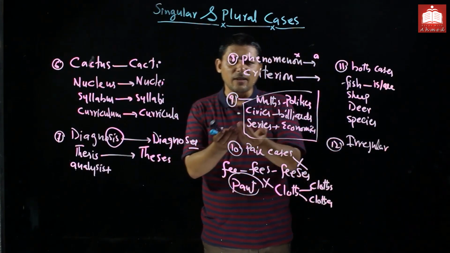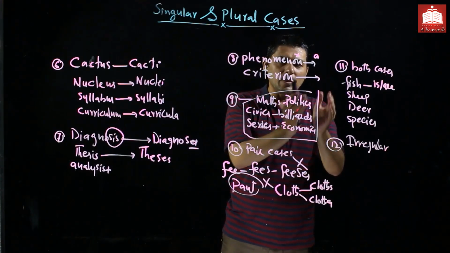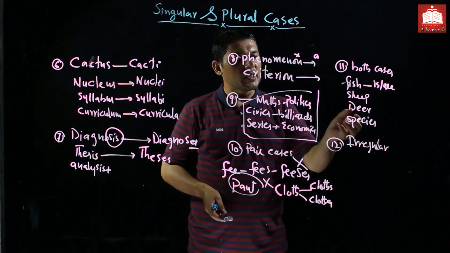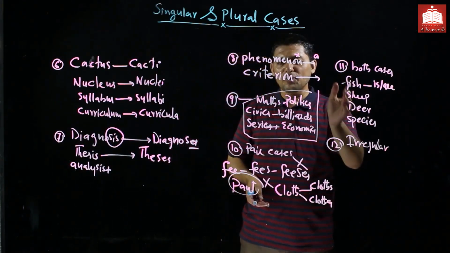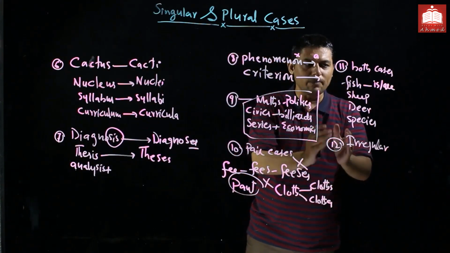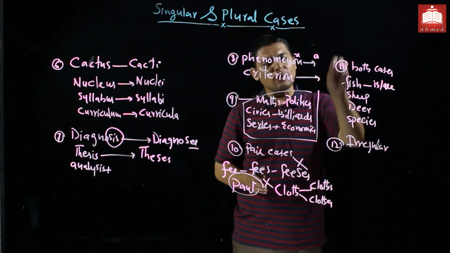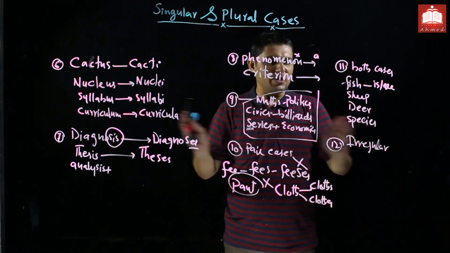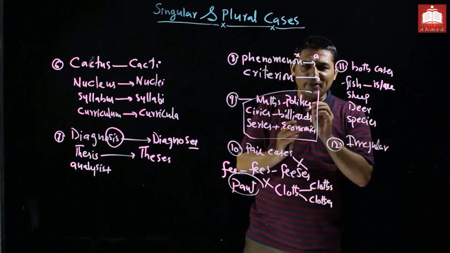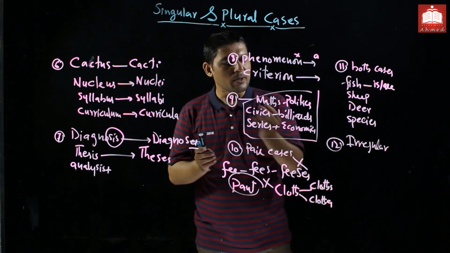If we have more, then are. Deer, species, these examples. So you can use these four. Apart from four, we have more examples, but I have written only 4 examples. They are singular as well as plural without any change. Means according to the sense of the sentence, you will select a singular verb or plural verb.